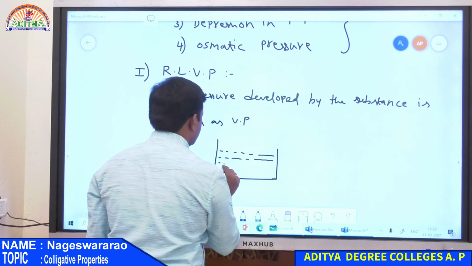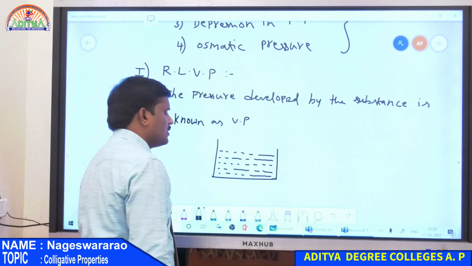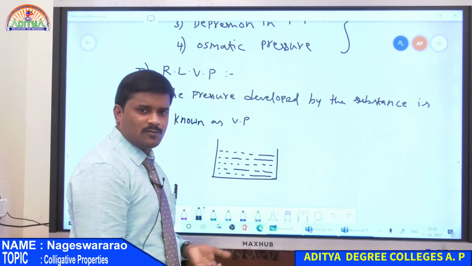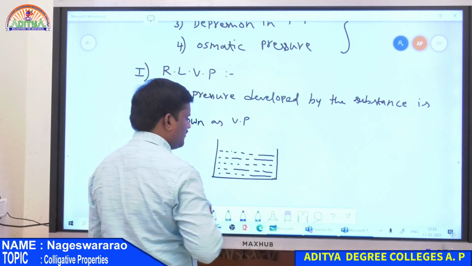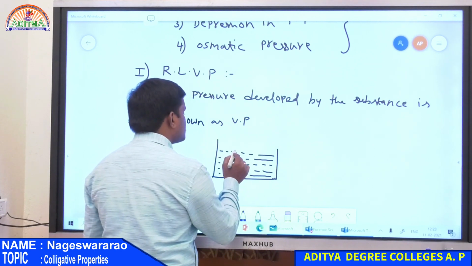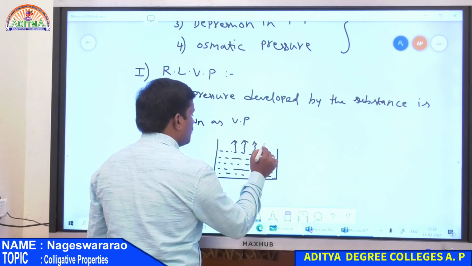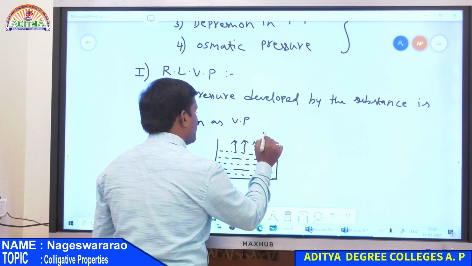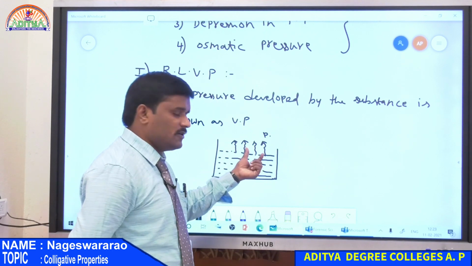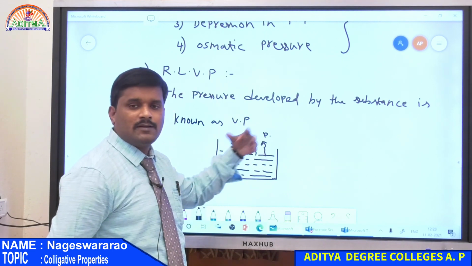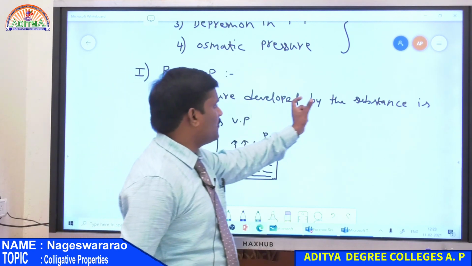So this is a liquid. The molecules present at the surface of the liquid exert some pressure on the atmosphere, and this pressure is known as vapor pressure. Therefore, the pressure exerted by the vapor molecules present on a liquid through the atmosphere is known as vapor pressure, or simply it is defined as the pressure developed by the substance.